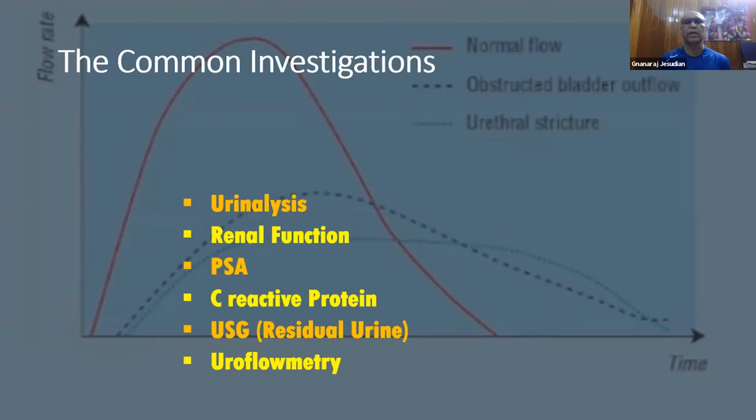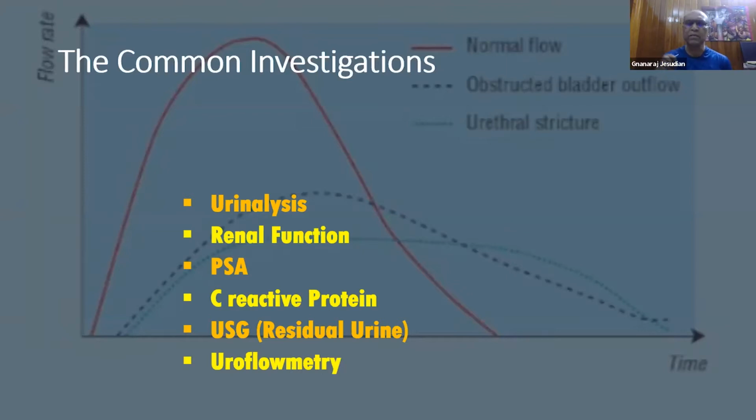These are the common investigations that are carried out. You'd like to do a urine examination to see if there are any blood cells or pus in it. We would like to examine the kidney functions to make sure that it is normal, that there are no back pressure changes. And the important thing is that we'd like to also do a PSA or prostate specific antigen to rule out malignancies.